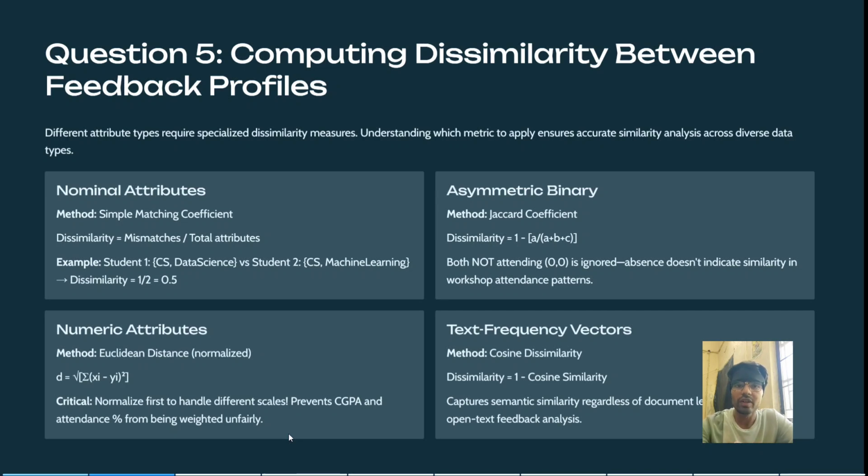For student 2, we get 0.4 and 0.70. The Euclidean distance works out to about 0.335.